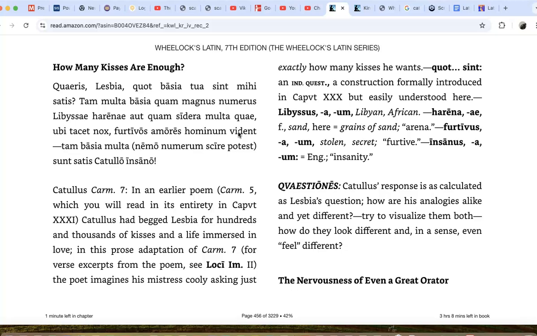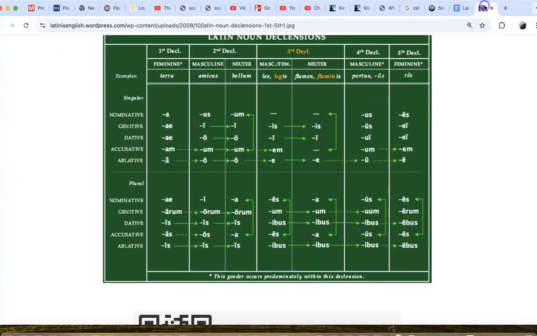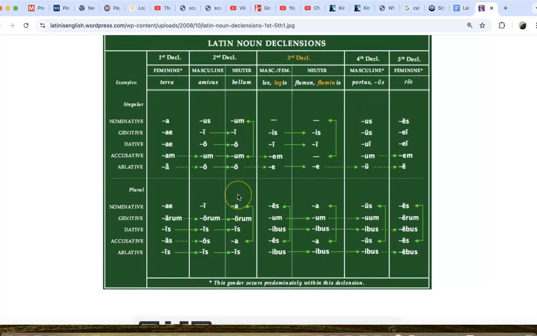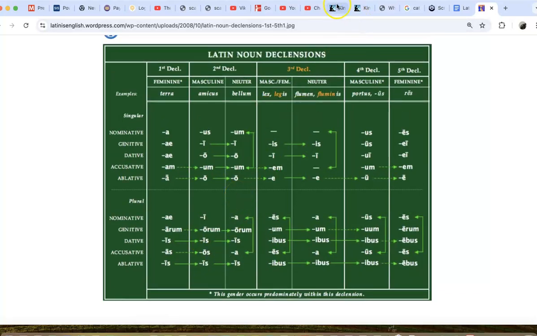But we know that this, namely the stars, is seeing the furtivos amores. So that's the direct object. So we have our second declension accusative plural adjective, and then the third declension accusative direct object. So vident furtivos amores. And this Latin declension chart can perhaps further explain that.